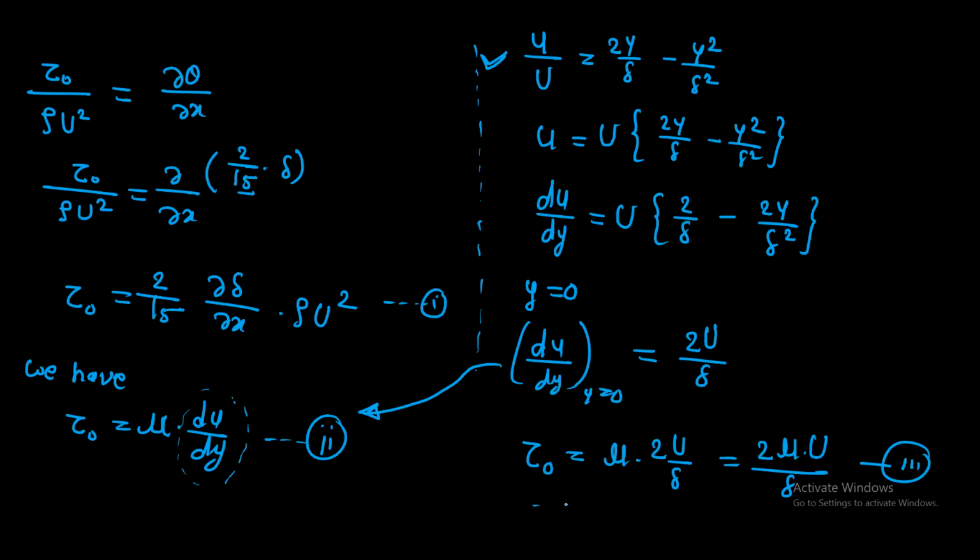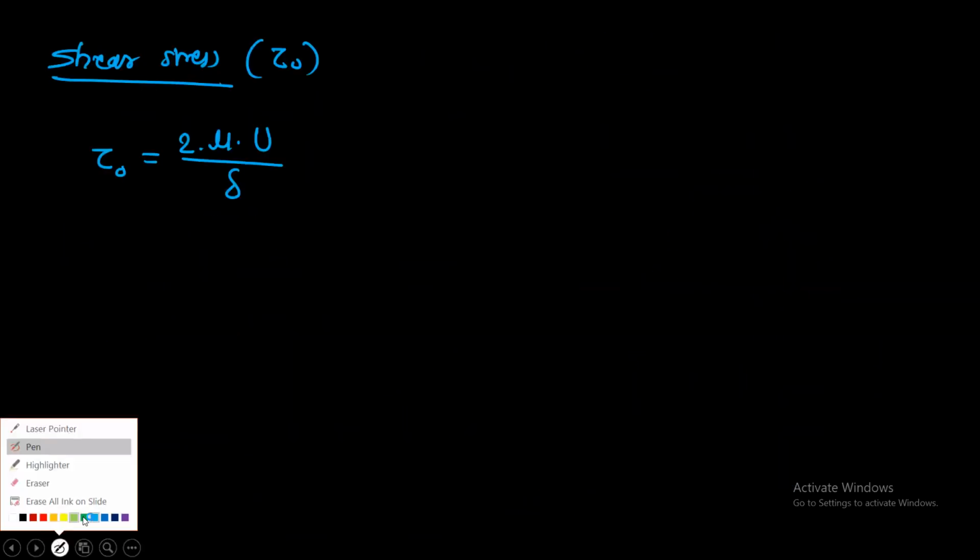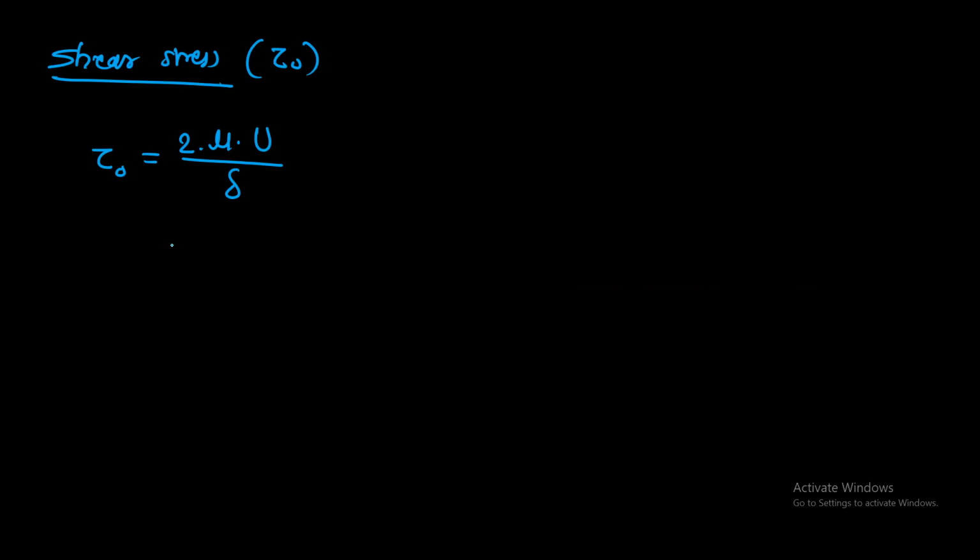This is the equation for the shear stress, which is 2 mu u upon delta. The delta value is 5.48 divided by square root Re into x.